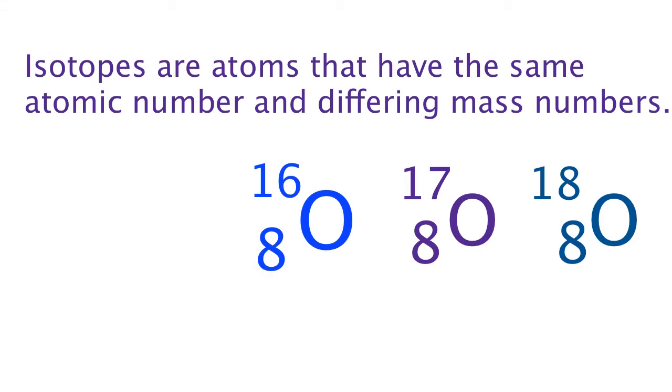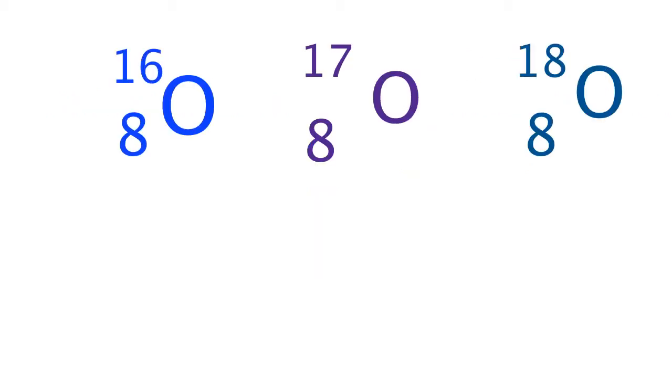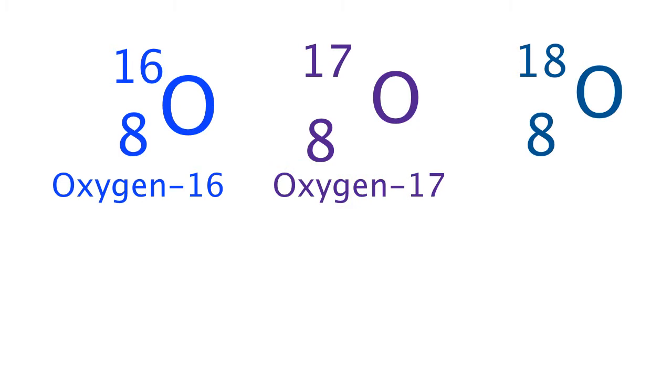We define isotopes as atoms that have the same atomic number and differing mass numbers. Isotopes will always have the same number of protons and electrons and differing numbers of neutrons. We name these after their mass number: oxygen 16, oxygen 17, and oxygen 18.